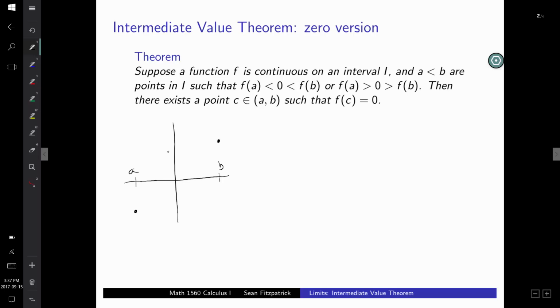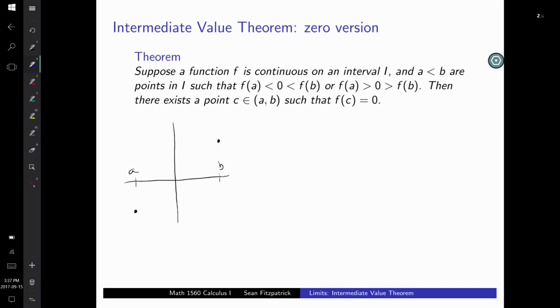All right? Now, if it's a continuous function, we know intuitively that continuity means that we can't have any gaps or breaks in our graph. The graph should be one solid piece. So what the intermediate value theorem says is that if you've got a continuous function, there's no way that you can get from below the x-axis to above the x-axis without crossing the x-axis.